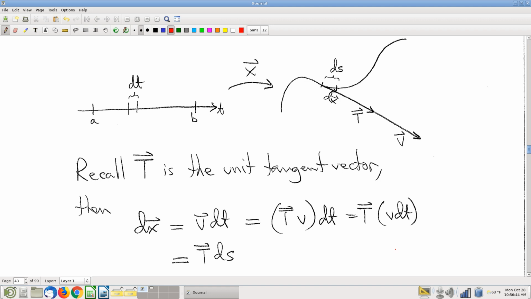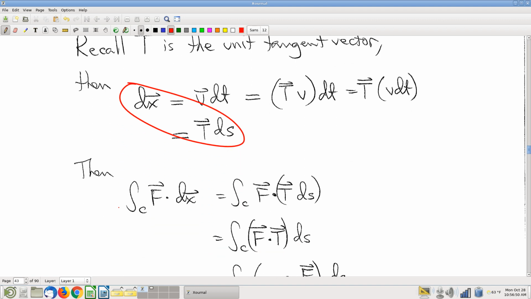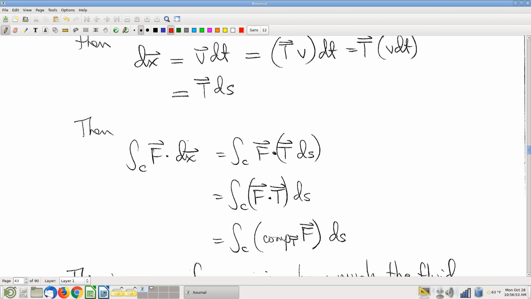Okay, so if instead of writing down dx as that, I write dx down like that, then we can just look and see what our integral becomes, right? So dx is T ds, and move parentheses around again. I'm going to have F dot T ds.